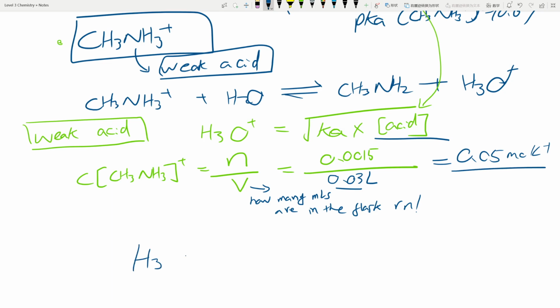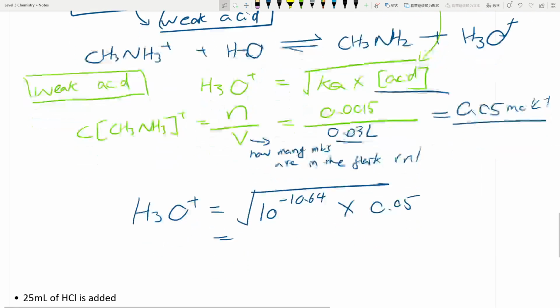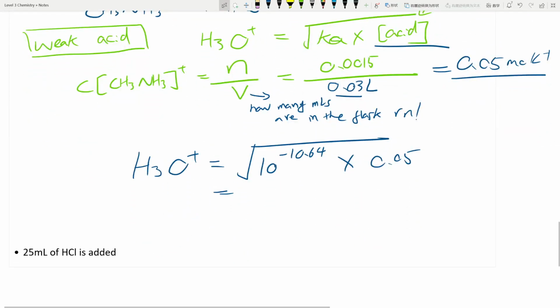Now we just substitute: H3O plus equals the square root of Ka. What's the Ka again? 10 to the power negative 6.4 times 0.05, and then you should get an answer. I'm going to do this on my calculator. I tried to get the emulator working on my computer, it just doesn't like it. It just keeps jumping out of the screen. So just bear with me.